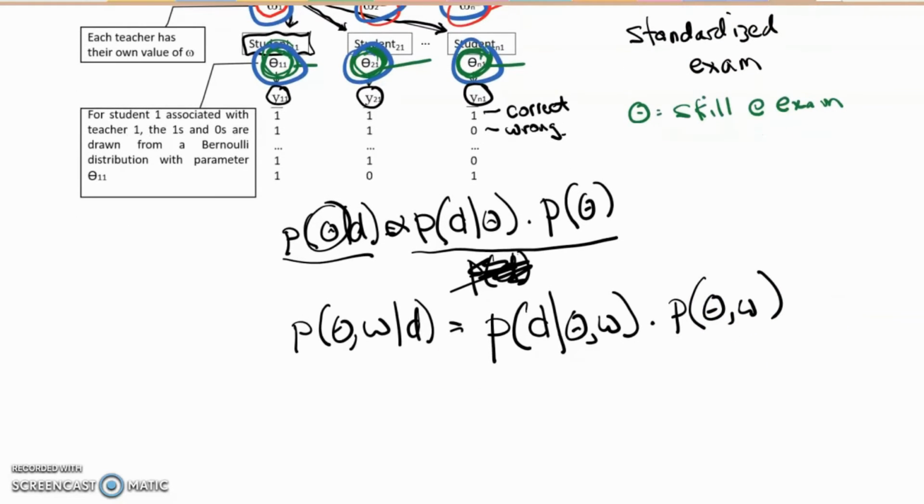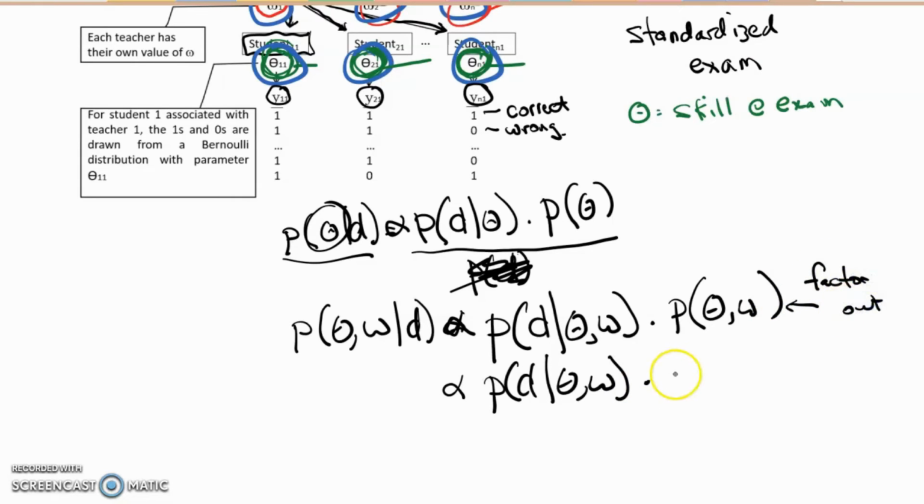And then I'm going to factor this out. I'm going to say that the joint probability is equal to the conditional probability of theta given omega times the probability of omega.